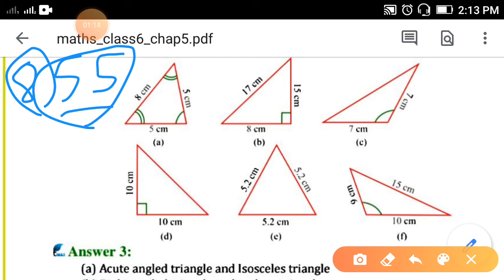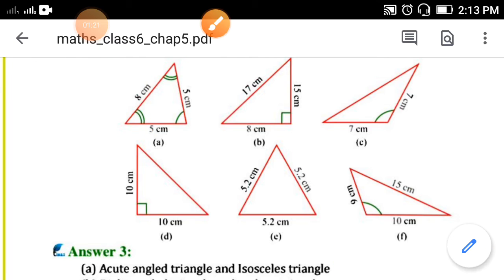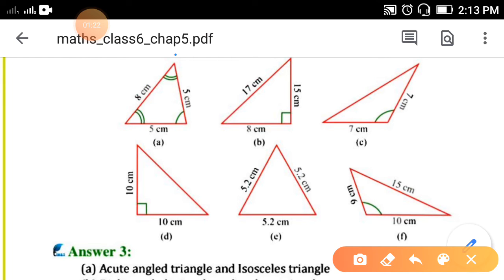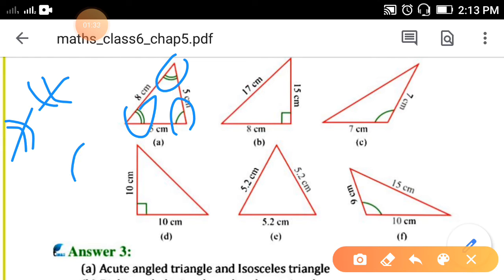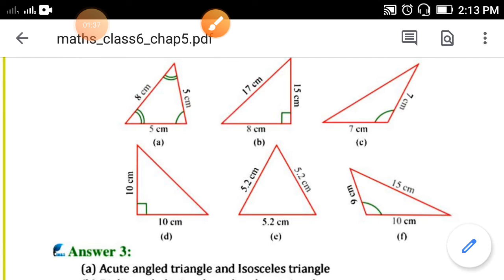You can see their angles, these two are the same. Here this sign is used. The third one is different. Here this kind of sign is used two times, it means these two angles are the same, and the third one has a single stroke, it means that is different. So two sides are same and two angles are same.